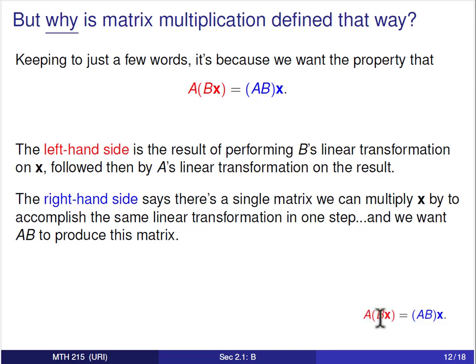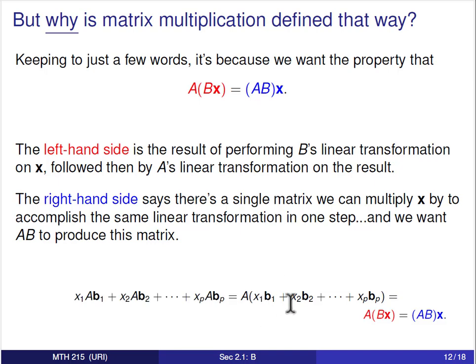Now, inside the parentheses, remember that what you end up doing to compute Bx is you take the entries in the vector x and you multiply them onto the columns of B. Okay, so Bx can be written as this linear combination of the columns of B, and then we're going to take A and multiply it onto that result. Now, matrices can multiply onto sums of vectors. I can distribute that A through there.